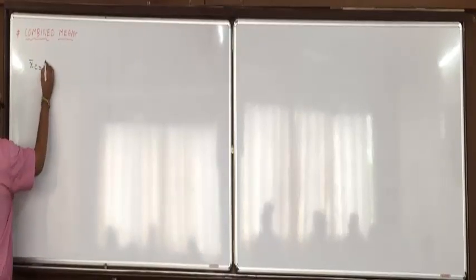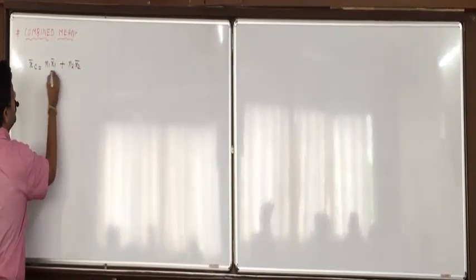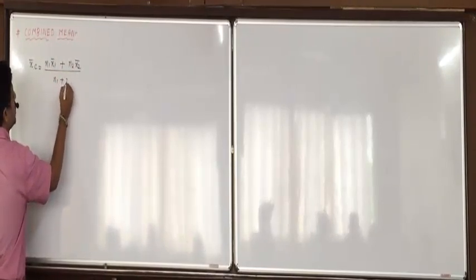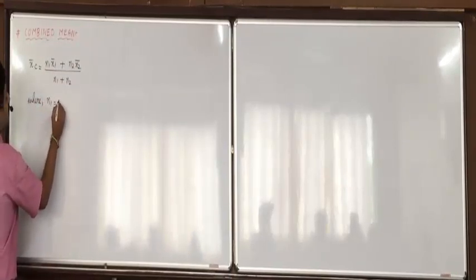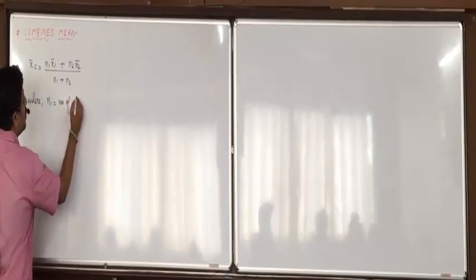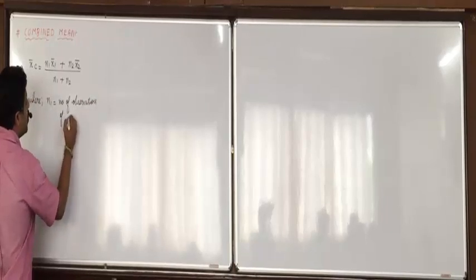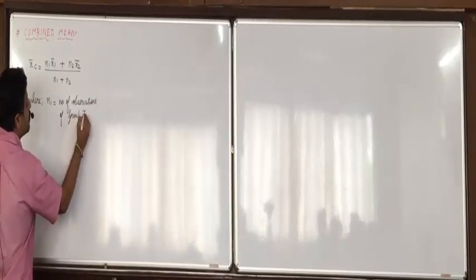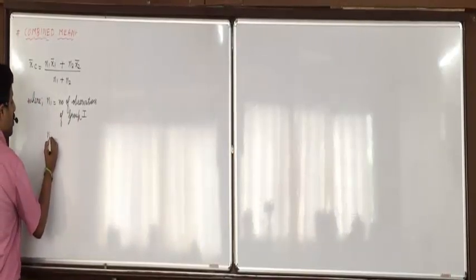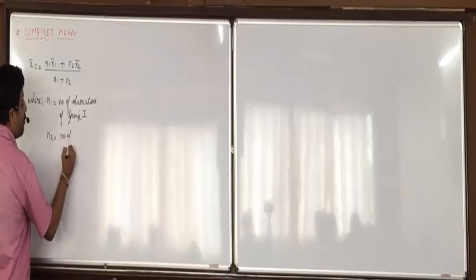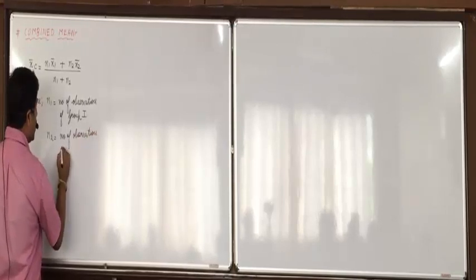Combined mean equals N1 X1 bar plus N2 X2 bar upon N1 plus N2, where N1 means number of observations of group 1, and N2 will be number of observations of group 2.